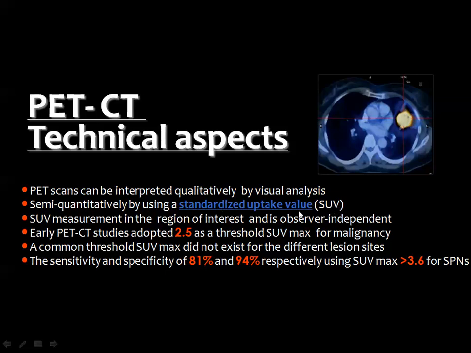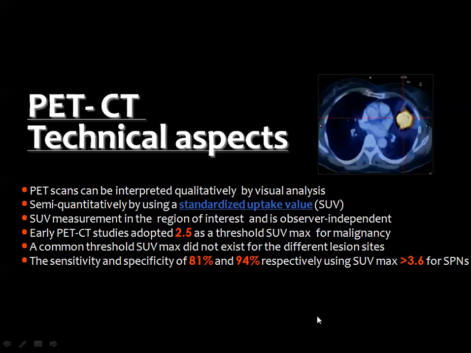Some of the literature considers that if the SUV is more than 2.5, you consider malignancy, but other literature says that the sensitivity and the specificity are in the range of 81 and 94% respectively if you consider the standard uptake value more than 3.64, especially for small pulmonary nodules.